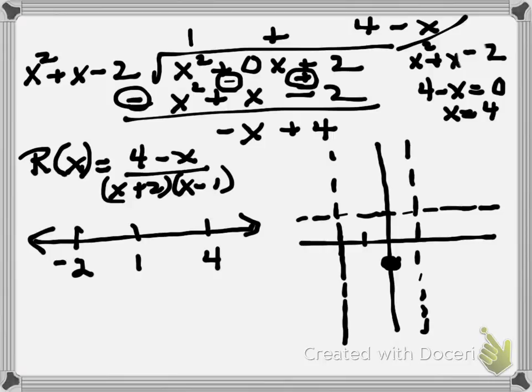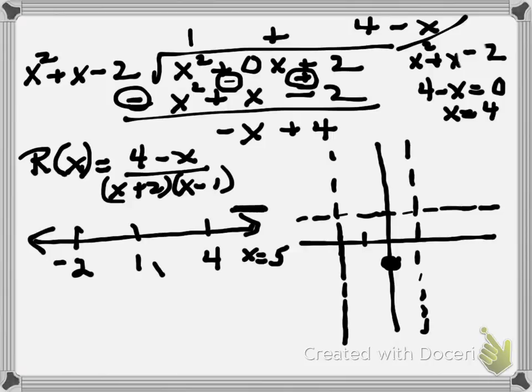So if I pick a number in this region, let's say x is equal to 5, in the numerator I have 4 minus 5, which is -1, and in the denominator I have 7 and then 4, so I'm going to end up with a negative in this region. 4 minus 5 is -1, and then I have 7 over 4, so this is going to be a negative, sorry. This is what I want.